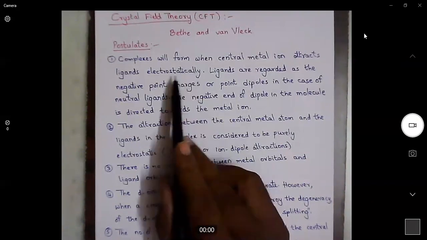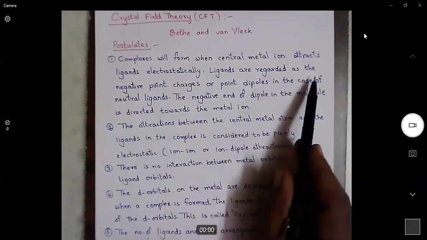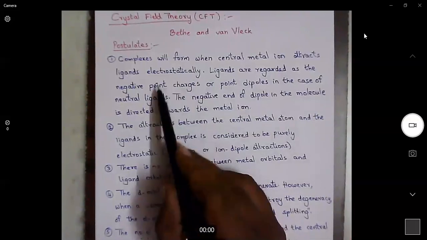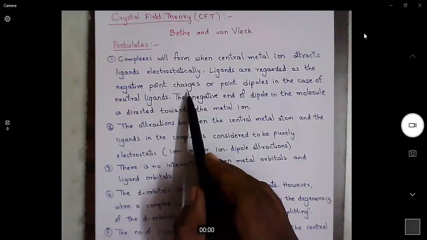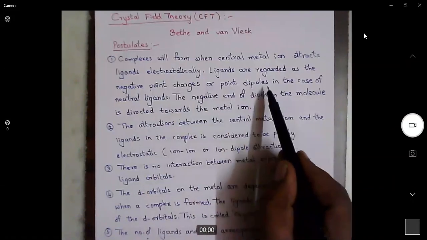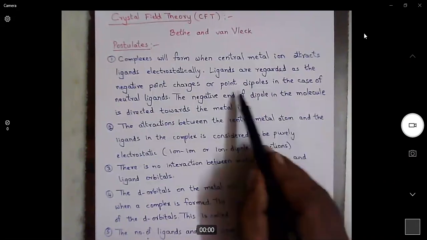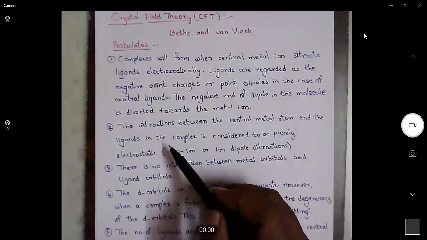So there will be an electrostatic attraction between the metal ion and the ligands. Ligands are regarded as negative point charges. When neutral ligands are there, we call them point dipoles.